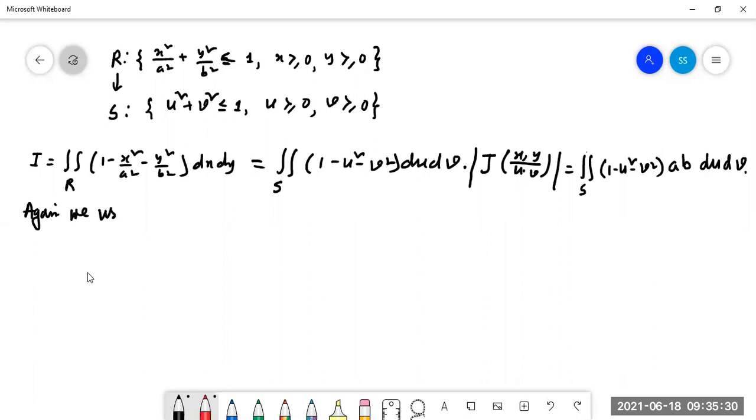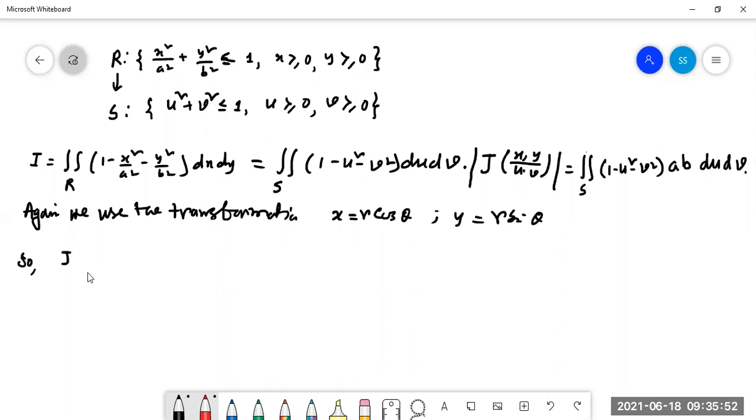Again, we use the transformation u equal to r cos theta and v equal to r sin theta. So again, we have to make the Jacobian. It was in the uv and it is r theta. So we have to make this determinant: del u del r, del u del theta, del v del r, del v del theta.